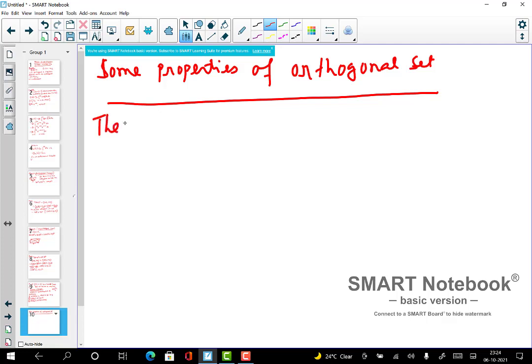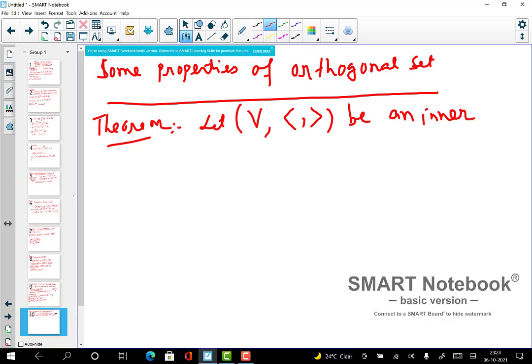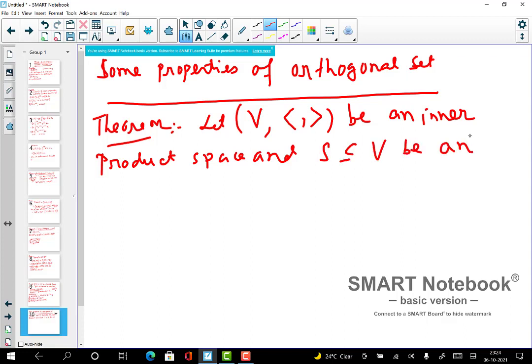Let me write it down as a theorem. Let V be an inner product space. Okay, then choose a subset S of V to be an orthonormal set, such that 0 does not belong to it, obviously.